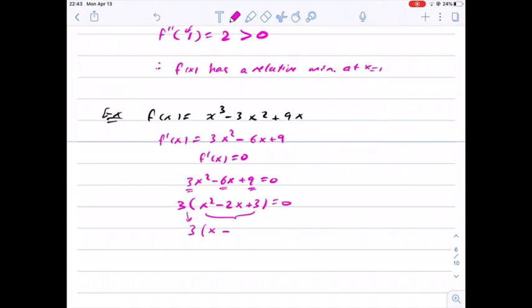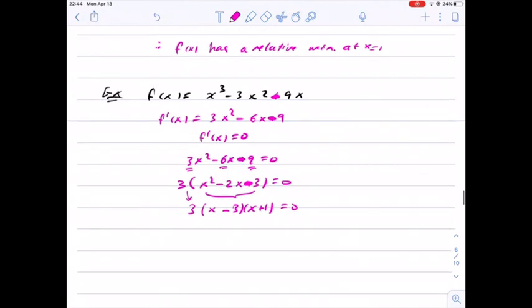So we have 3 times x minus... Okay, let's change this to negative. Let's change the sign of positive 9x to negative 9x. So if this is negative, then x minus 3 times x plus 1 equal to 0, because negative 3 times 1 is negative 3, negative 3 plus 1 is negative 2, the sum is the middle term.